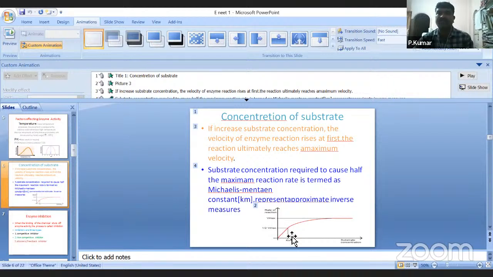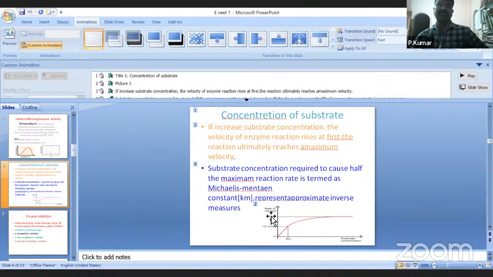The substrate concentration required to cause half of the maximum reaction rate is termed the Michaelis-Menten constant, Km. It represents an approximate inverse measure.